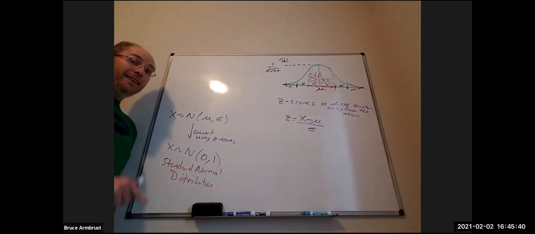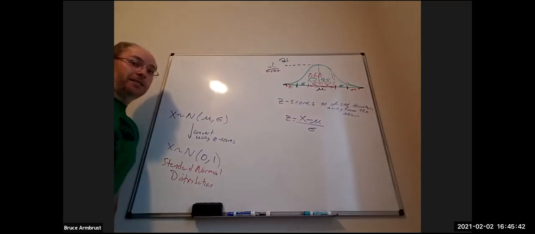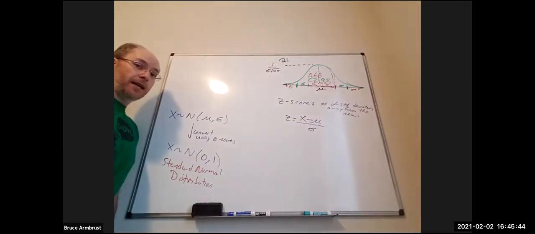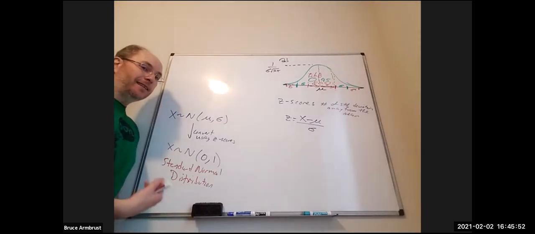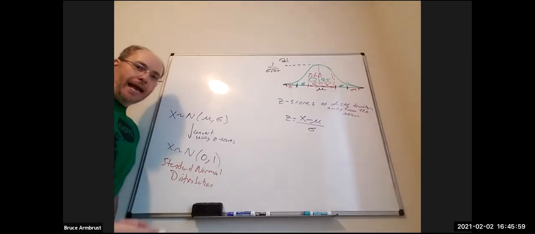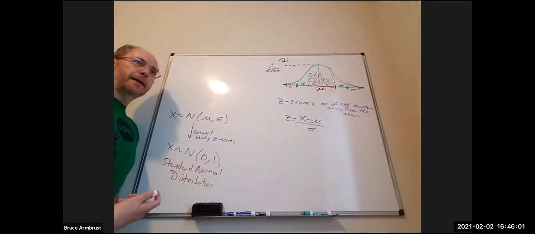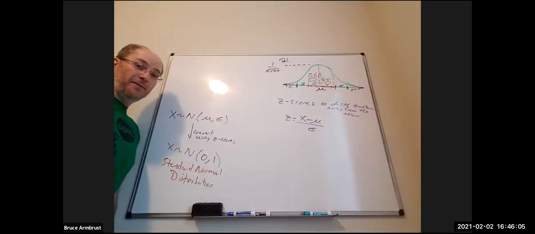Back in the day, before we had the technology that we have now, before you had these handheld calculators and computers and stuff like that, this was actually really important because finding probabilities using the normal distribution is very difficult. But it had been done, and it had to be done by hand, which you can just imagine how awful that must have been.